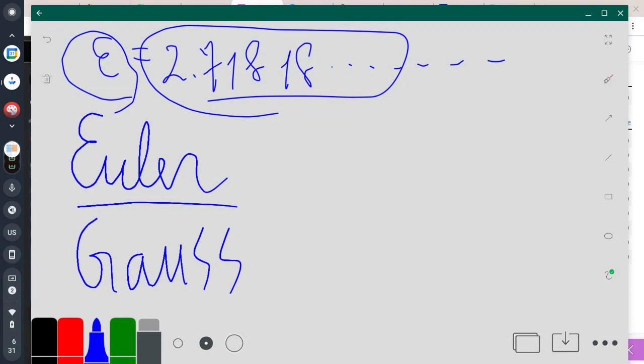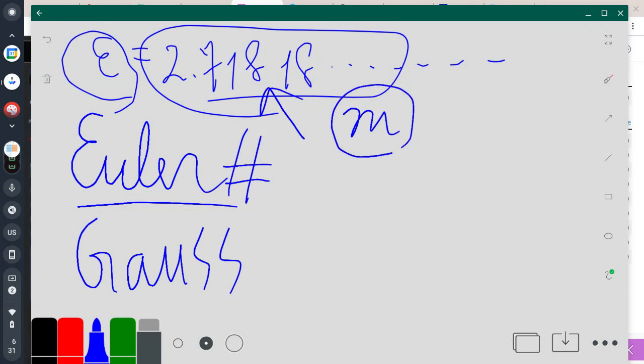But what basically is Euler's number then? How did it come to be this? So it's something like this. We all know M plays a very important role in compounding, right?